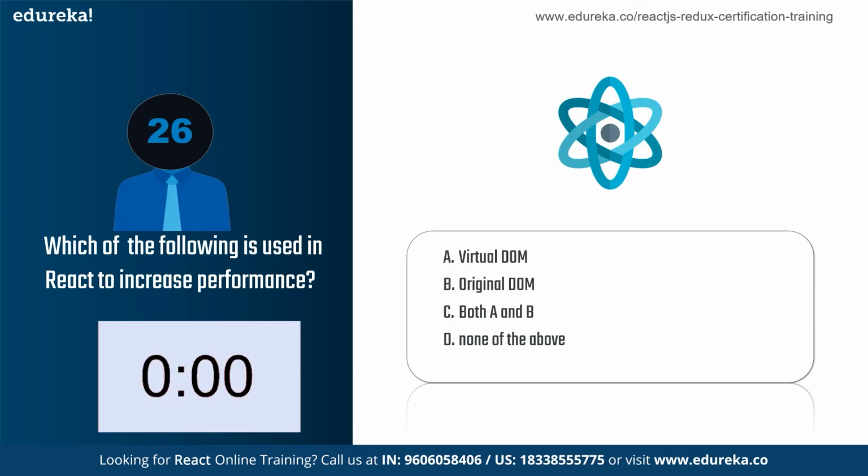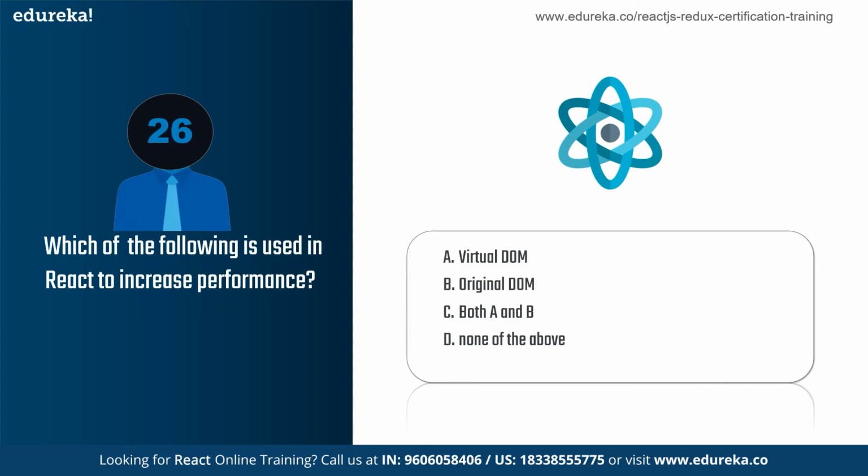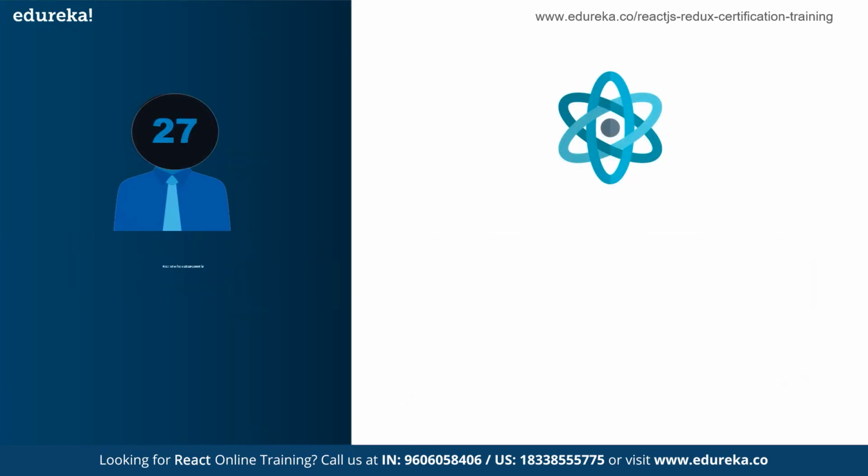Many of you answered correct. Yes, it is virtual DOM. Because virtual DOM is a full representation of an actual DOM, so it will be increased in the performances. Very good. So let's move on to the next question.